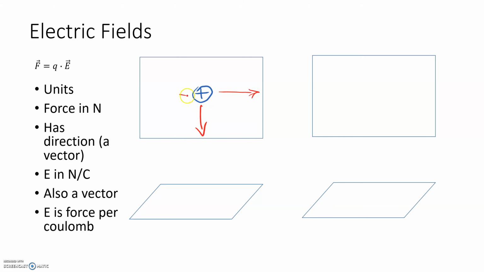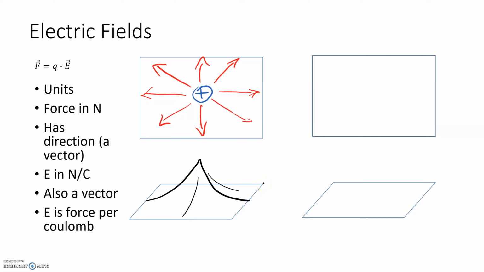Regardless of where I put it down, it's going to be pushed away. And that corresponds to a visualization of a high potential energy peak in a three-dimensional vision, with the electric field lines pushing out and away.